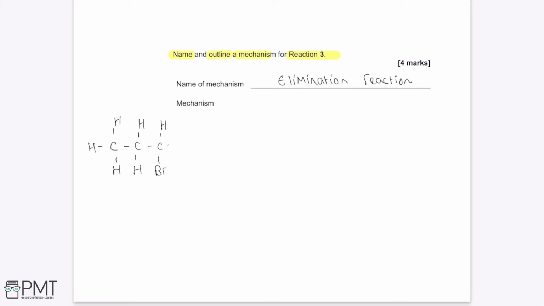We will then have an OH minus with a lone pair, which will be attracted to the hydrogen that is opposite and adjacent to the bromine.